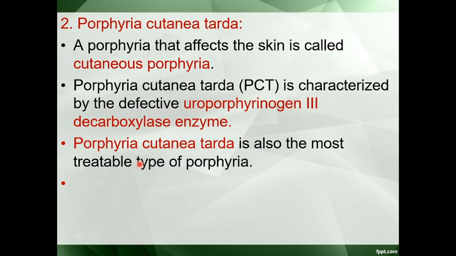Porphyria cutanea tarda is a porphyria that affects the skin. It is characterized by a defective uroporphyrinogen 3 decarboxylase enzyme. It is the most treatable type of porphyria.